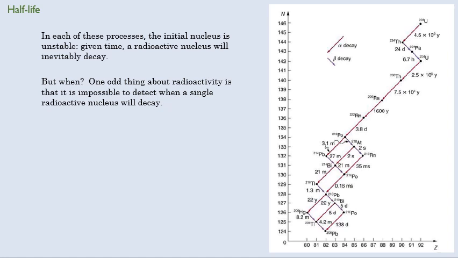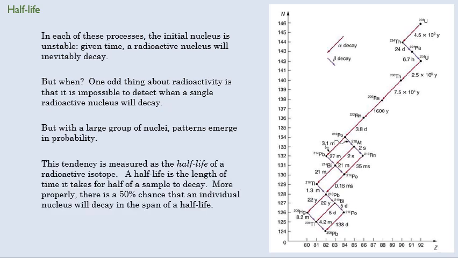It's not totally random. It's governed by a probability law, but we can't pick out that one decay. When we have a larger group of nuclei, we can start to see the patterns that are created by that probability. This tendency that shows up in large groups is where half-life comes from. A half-life is the length of time it takes for half of a large sample to decay.